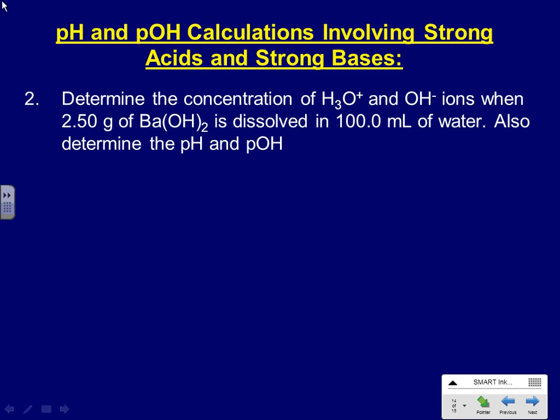This just kind of gives you the heads up on how the textbook's going to give it to you. This is not complicated at all. We're given grams. We're given some water. We need to convert the grams to moles. We need to find a concentration of the barium hydroxide. Then we do exactly what we did in the last example. So again, this is super review.